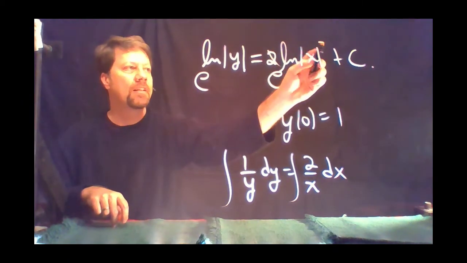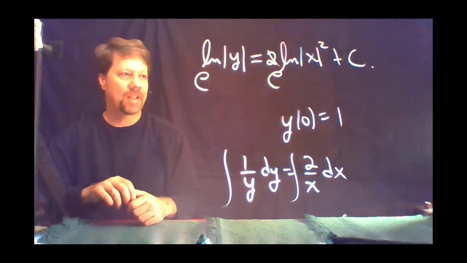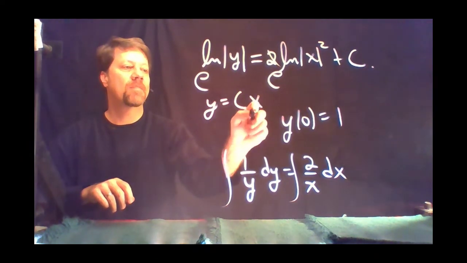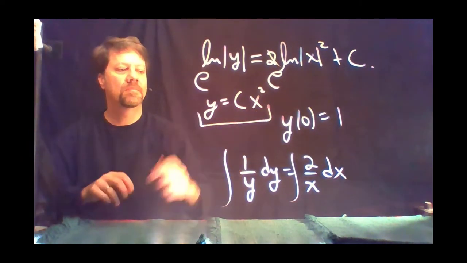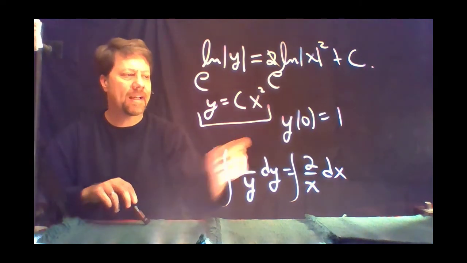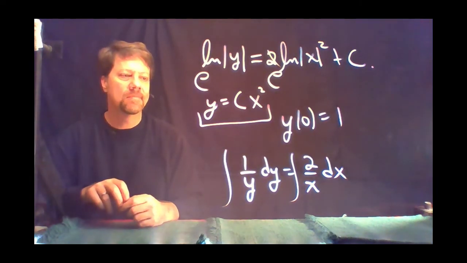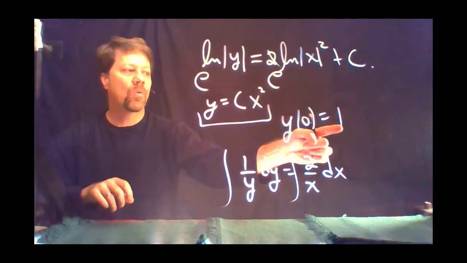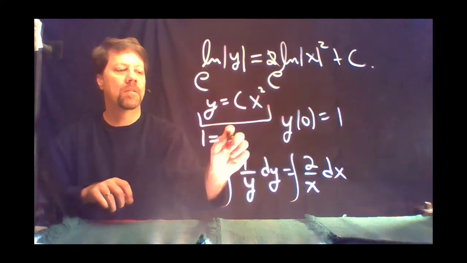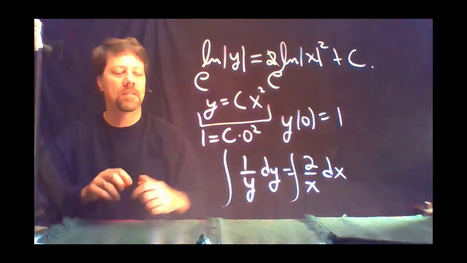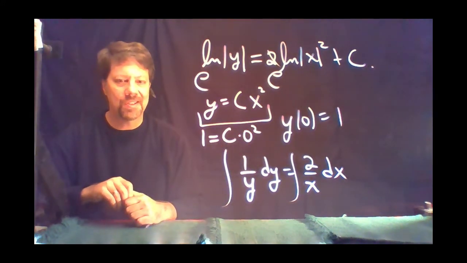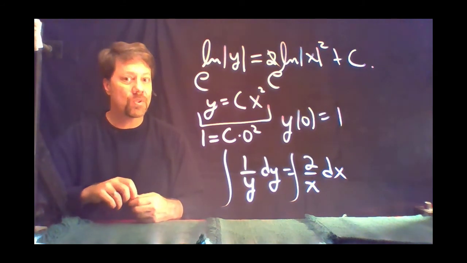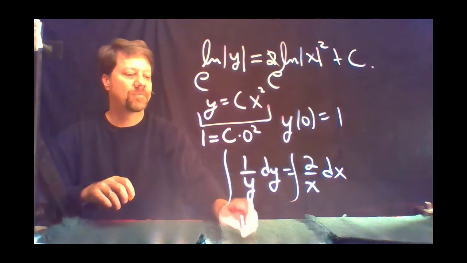We'll move the 2 into this location, and we'll get y is a constant times x squared. But we also need to account for the initial data. And that gives us, when x is 0, y must be 1. But there is no solution to this equation at all. So we deduce that no solution exists.